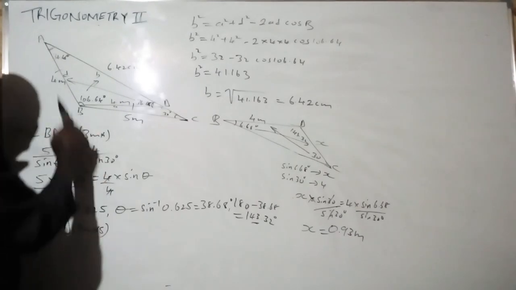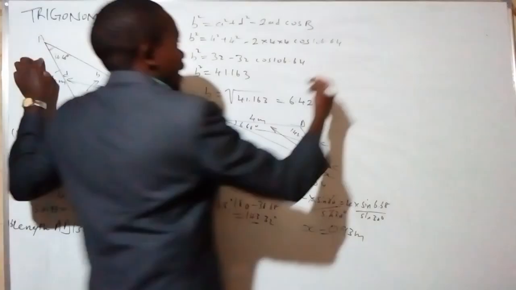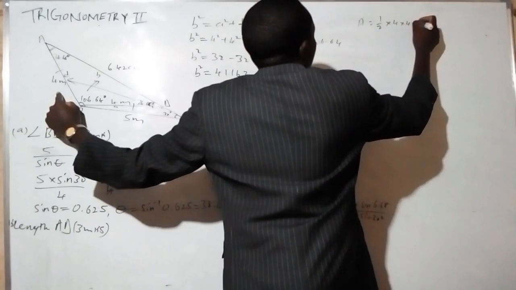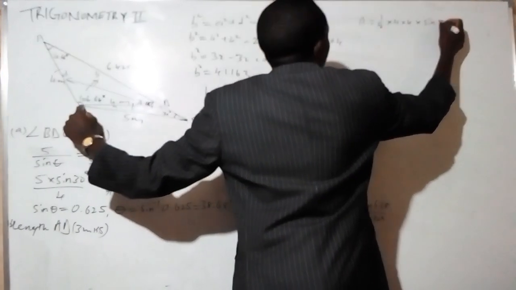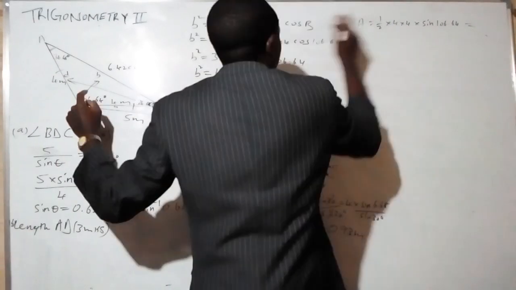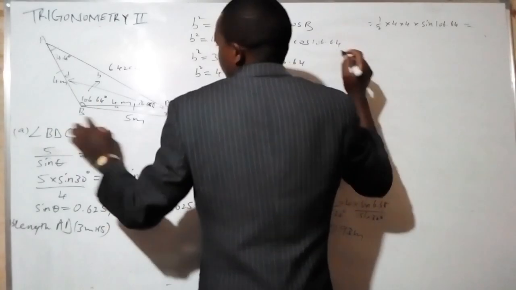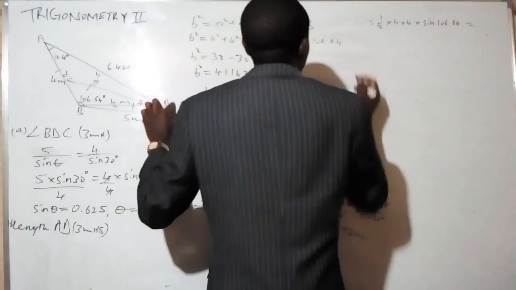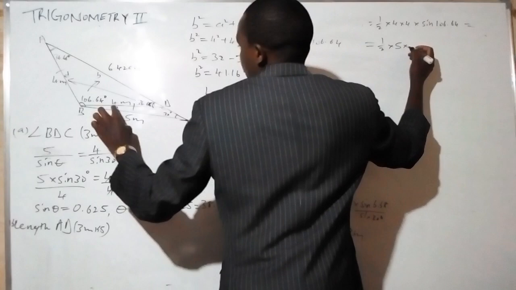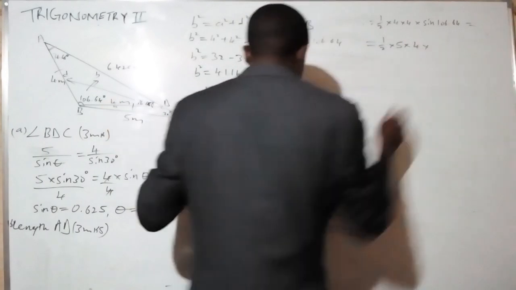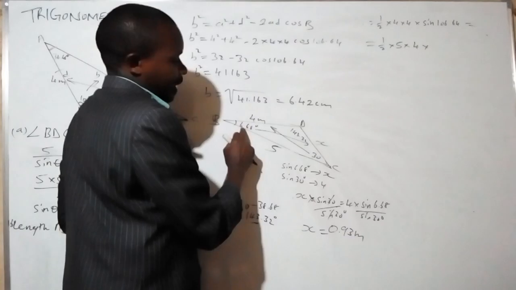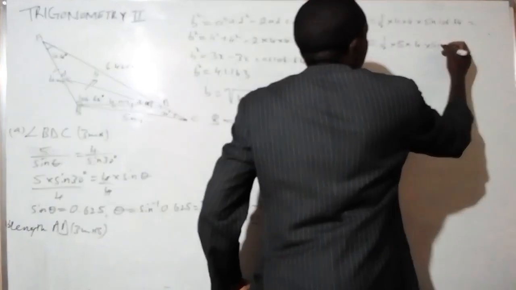The area is equal to a half times 4 times sine 106.64. And then we find that of CBD, again a half times 5 times 4 times sine 6.68.